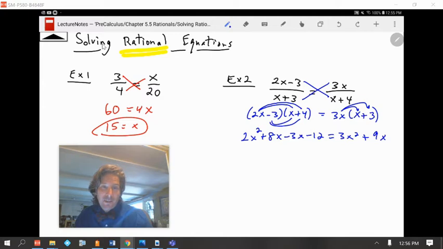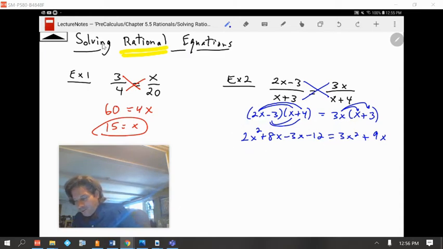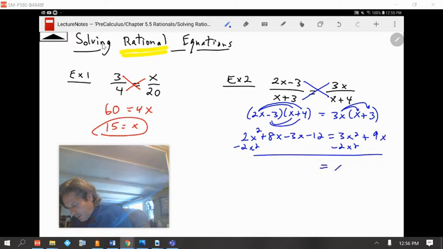And when I look at a quadratic equation like this example 2 here, what I would do is take the smaller x squared and subtract it to the other side so that you get a positive x squared. So there's a 2x squared and a 3x squared. I would do 3 minus 2, right? So I'm going to minus the 2x squared, minus 2x squared. That leaves me with an x squared.